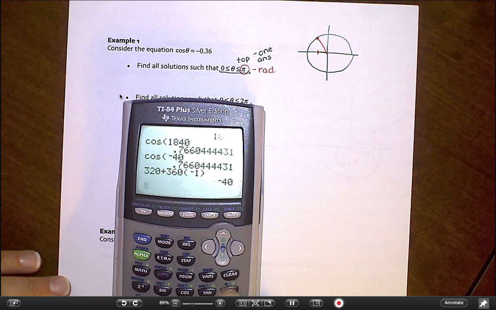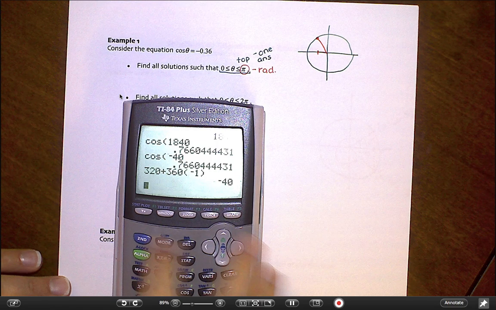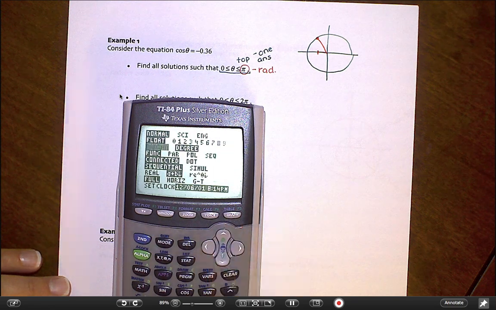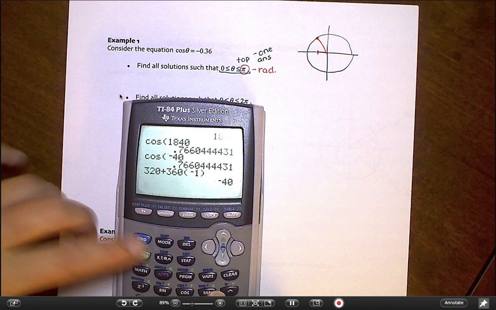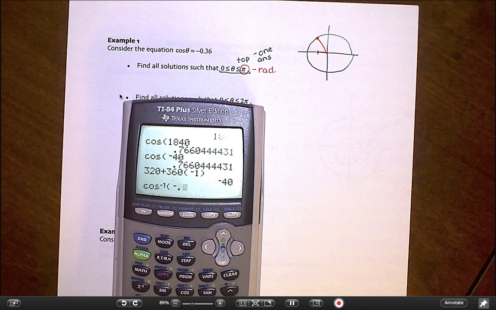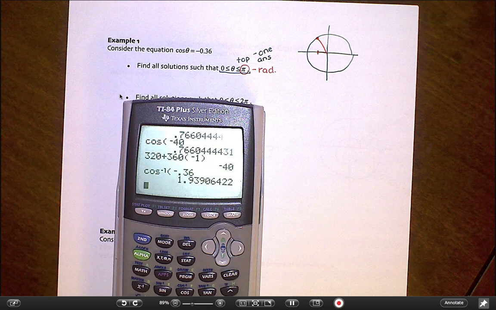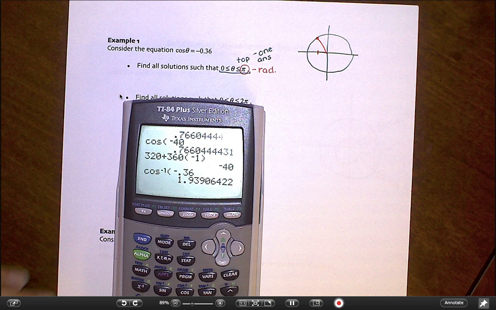So in my calculator, I'm going to change my settings back to radians. And I'm going to do second cosine negative 0.36. Okay. And I get 1.94.